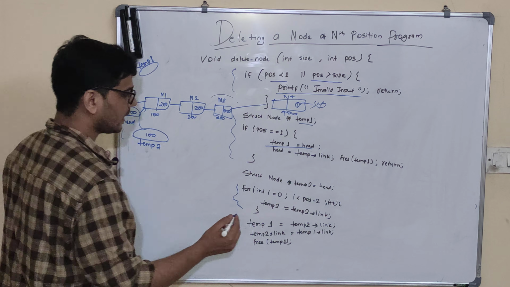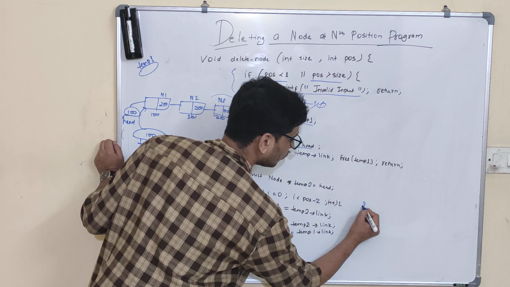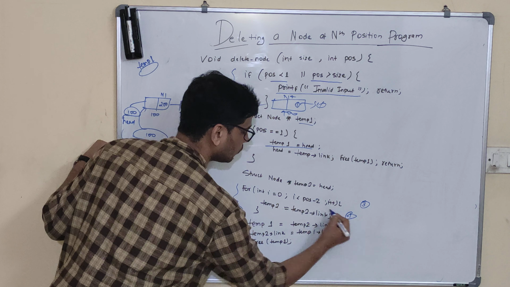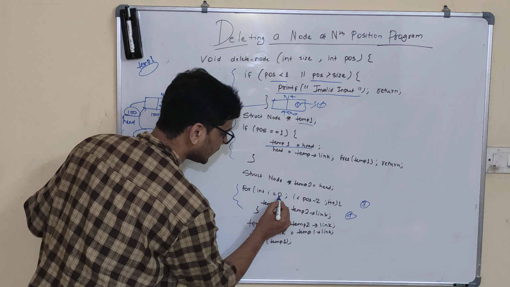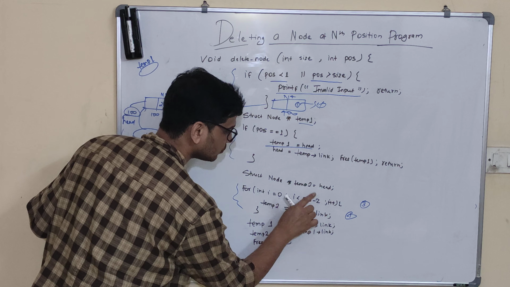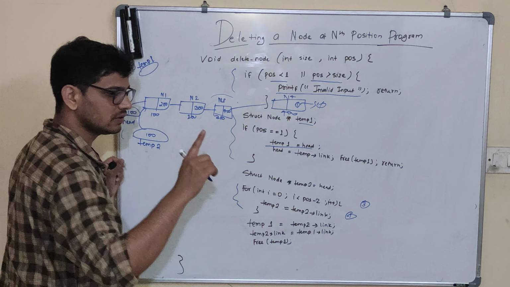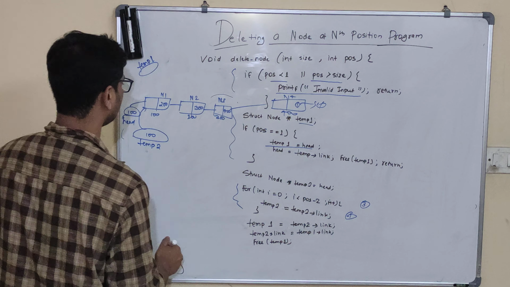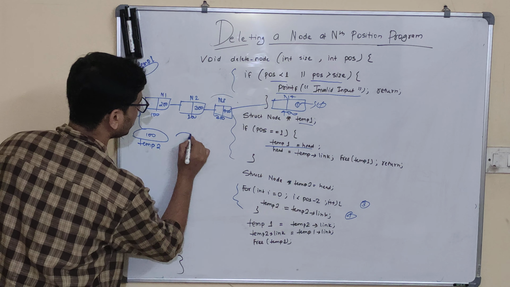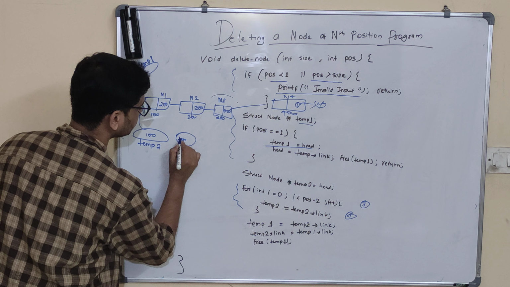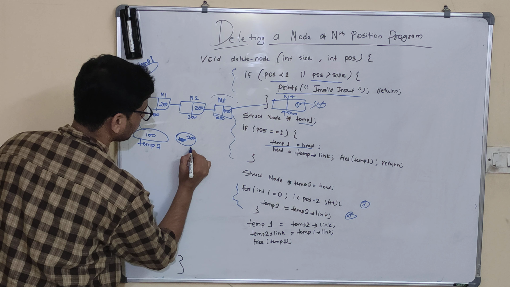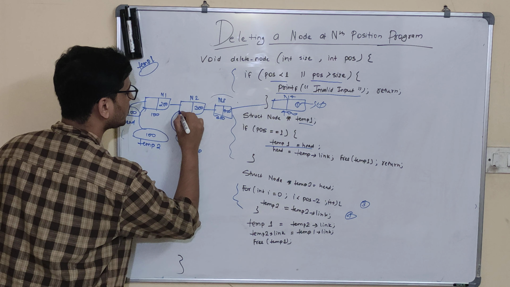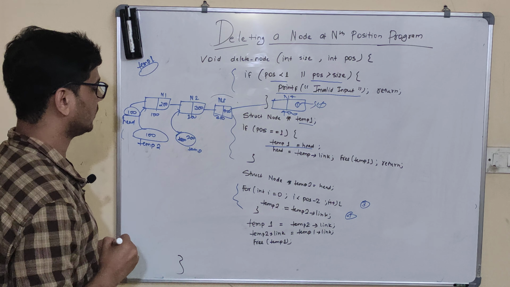As we want to delete a node at third position, this for loop will run one time: for int i = 0, i < 1, i++, that is, it will run only for 0. After one update it will reach here and point to the second node of the linked list.